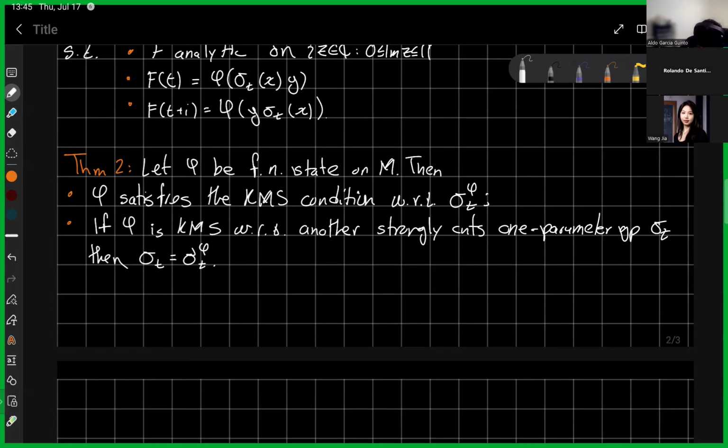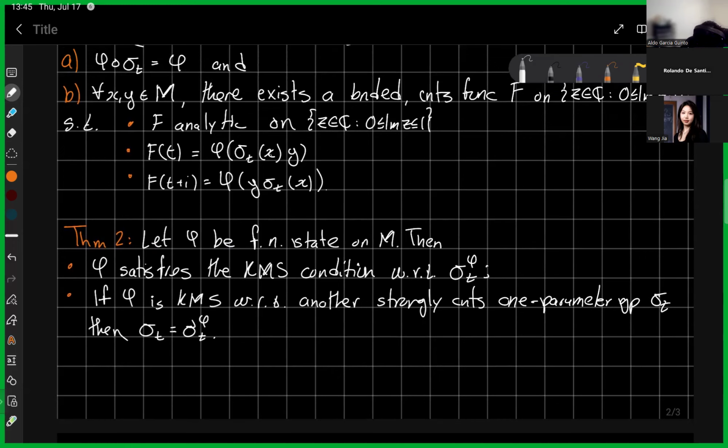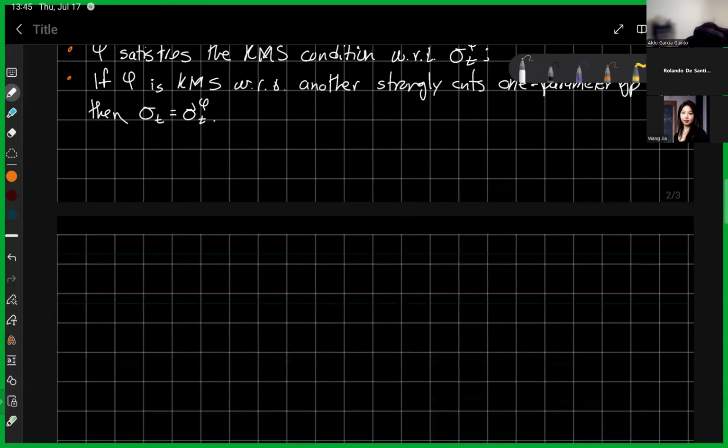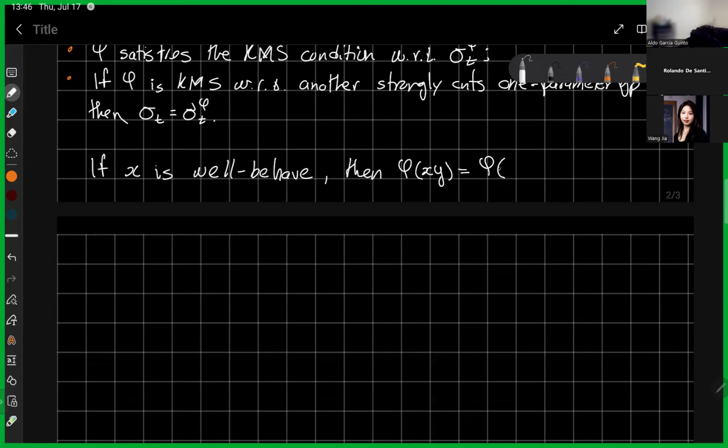Okay, so the KMS condition here is pretty much allowing us to switch the ordering, to switch an element from the left to the right. One thing to note here is that if x is well behaved, then phi of xy is equal to phi of y sigma_i of x.